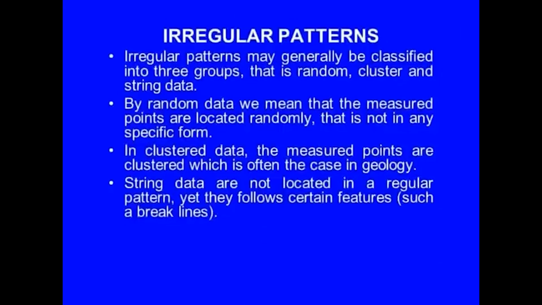Irregular patterns. Irregular patterns can generally be classified into three groups, that is random, cluster and string data. By random data, we mean that the measured points are located randomly, that is, not in any specific form. In clustered data, the measured points are clustered, which is often the case in geology. String data are not located in a regular pattern, yet they follow certain features such as a break line.